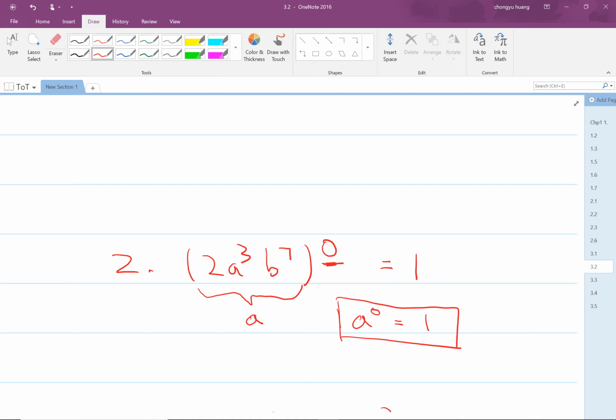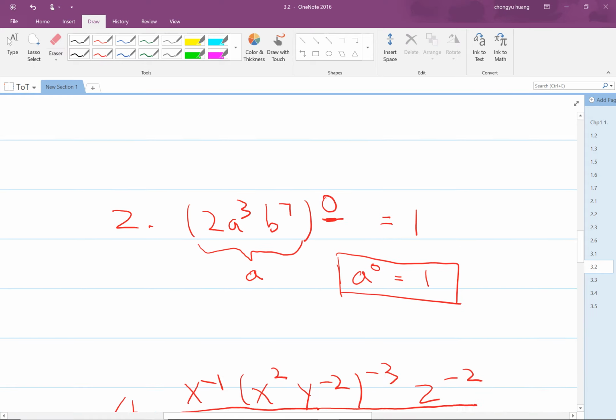It doesn't really matter what the term is, because we have the exponent as 0 outside, so right away you know the answer is going to be 1. I think it should be really easy to understand.